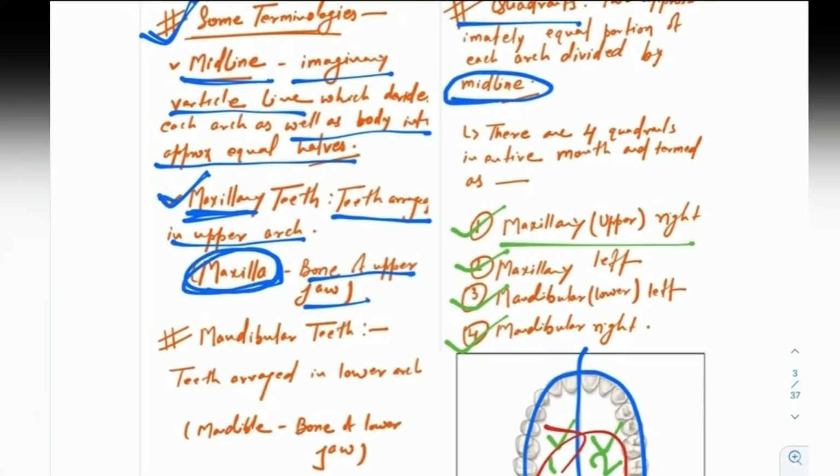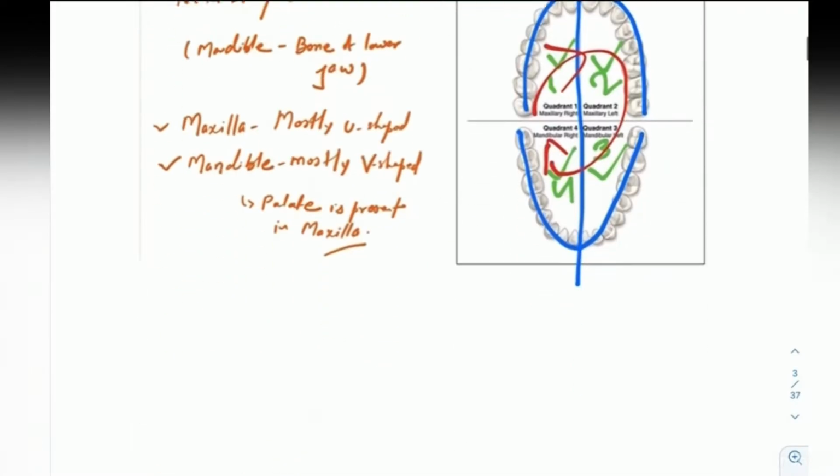Hello there. Today we'll continue this chapter from the previous video. We know what is maxillary right quadrant and maxillary left quadrant, mandibular left quadrant and mandibular right quadrant. We have studied these.